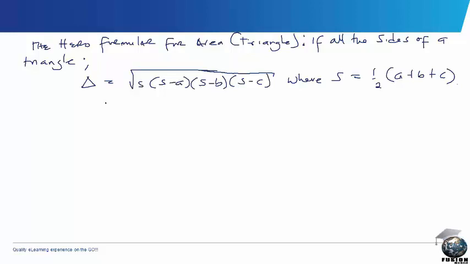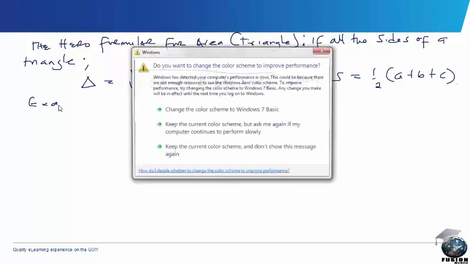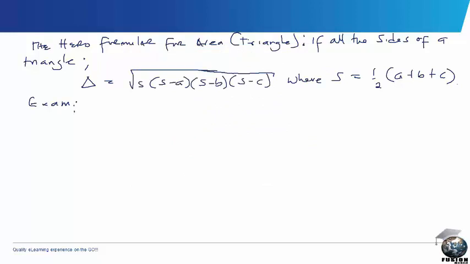Assuming we take an example and you're told to find the area of triangle XYZ, and maybe you're given this triangle below.